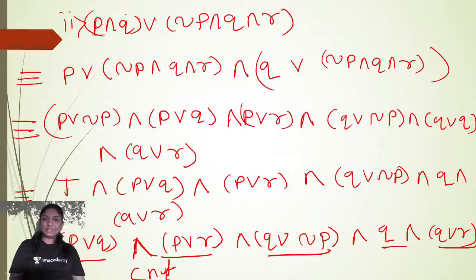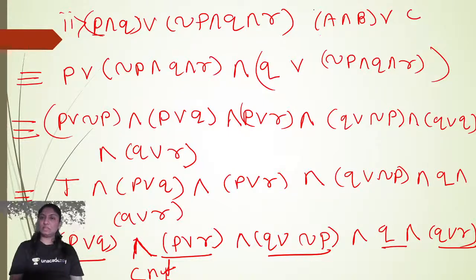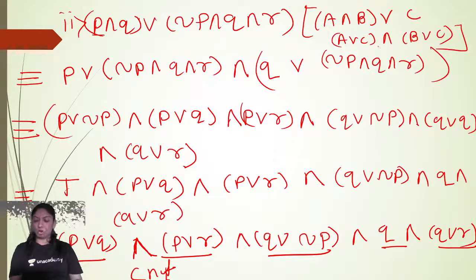Okay, I repeat the statement again here. See, (P and Q) or (negation of P and Q and R). So we will use the distributive law here. Which law is applicable? Suppose here A and B or C, then we will use A or C and B or C. This type of left distributive law we will use here.